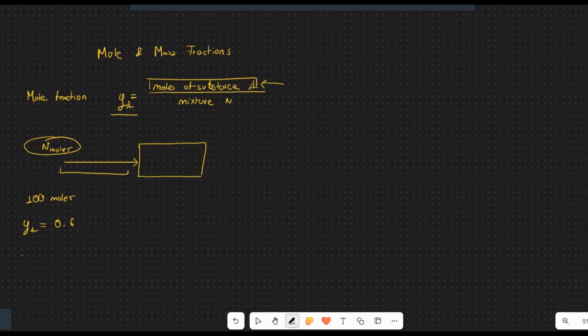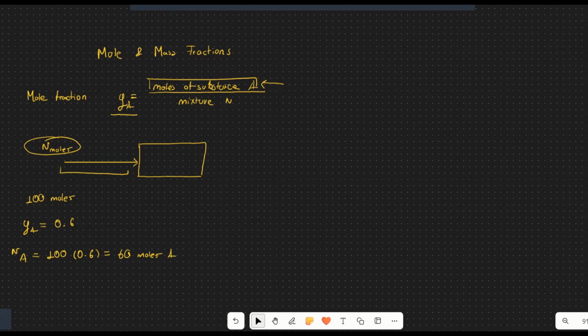That is, the number of moles of A is the product of the total number of moles within the stream multiplied by the molar fraction of the substance of interest. In this case, we have that 60 moles of A are flowing in the stream.